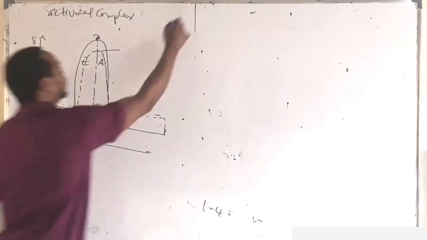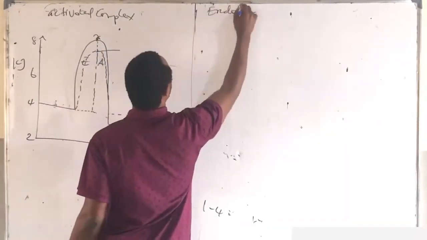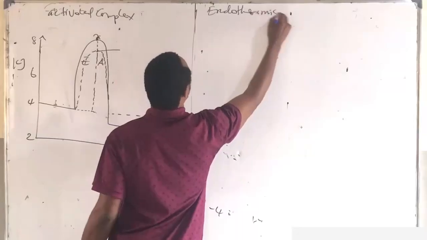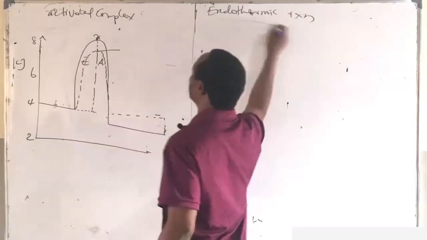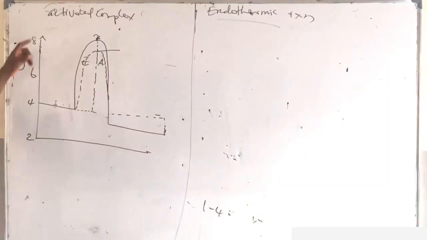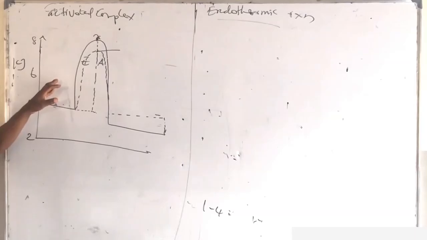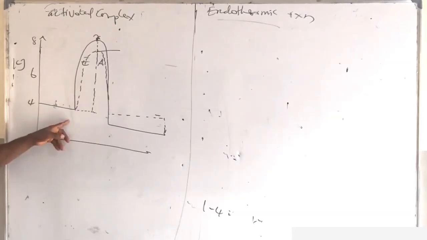Now, let me also talk about some. I told you about endo and exo. Before I go to another one, let's talk about endothermic and exothermic reactions. A reaction that gives out heat to the surrounding is called an exothermic reaction. The vessels become so hot because the heat is being released.